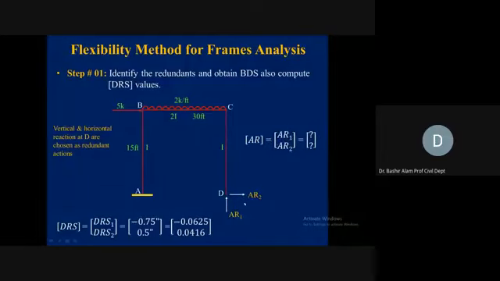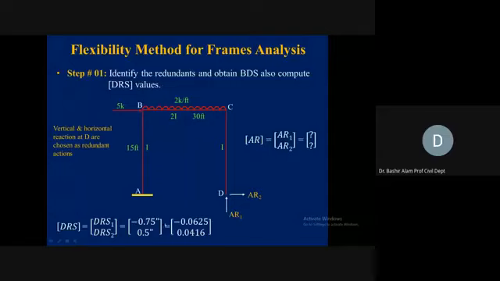Corresponding to them, we go to the original structure and find out whether there are any corresponding displacements. For AR1, our positive direction is upward, so corresponding to this, we have settlement of 0.75 inch in the downward direction.